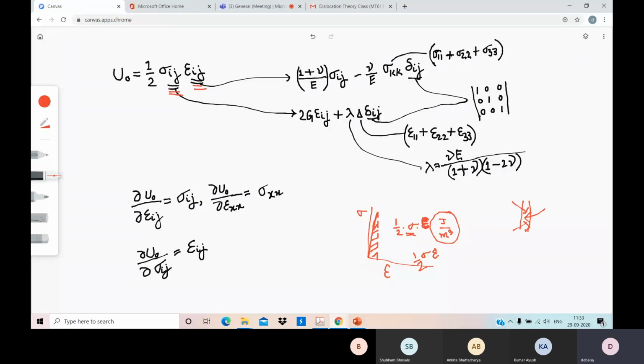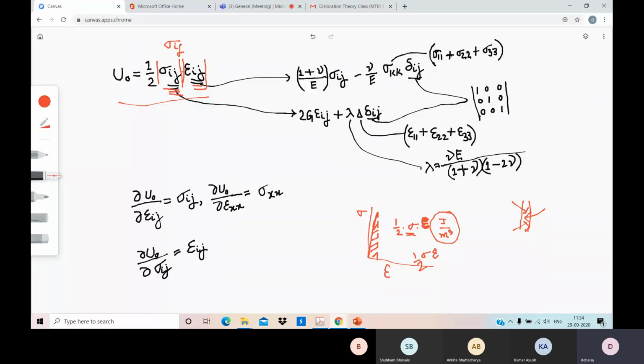So whenever there is a complex loading, you have to consider the generalized case. That means you have to consider the stress tensor multiplied by the strain tensor. All the components you need to think about. Now, this distortion energy you can write completely in the form of stress tensor terms, or completely in the form of strain tensor terms. Suppose I write it completely in stress tensor terms, sigma ij. What I have to do?